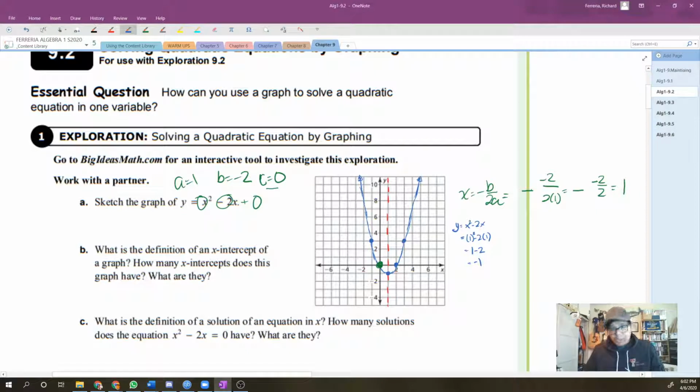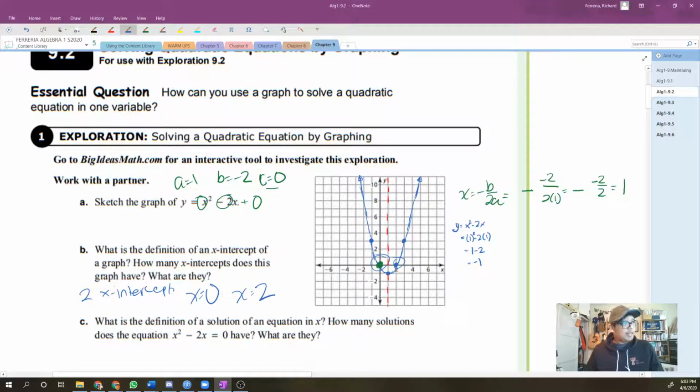What is the definition of the x-intercept of the graph? That's where the graph passes through the x-axis. There are two x-intercepts, and they happen here at 0, 0, and here at 2, 0. x equals 0 and x equals 2.